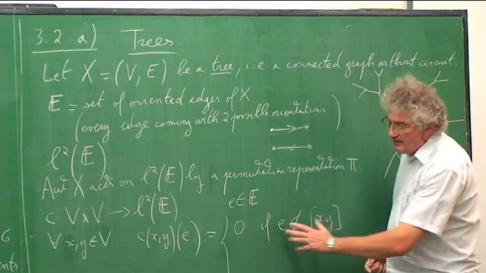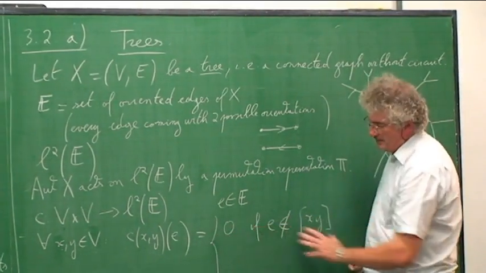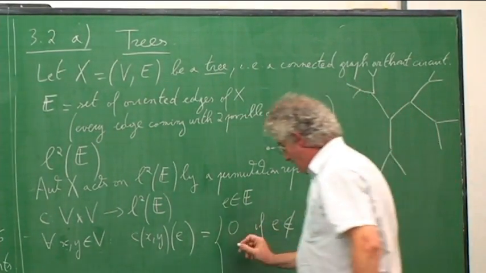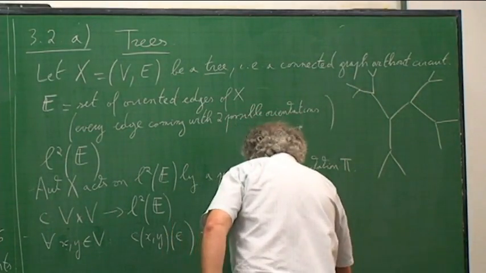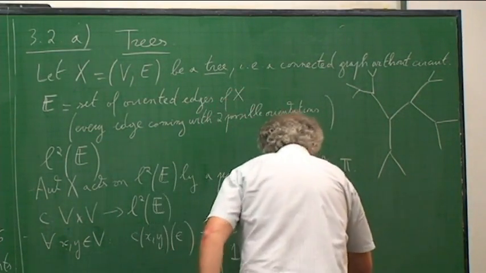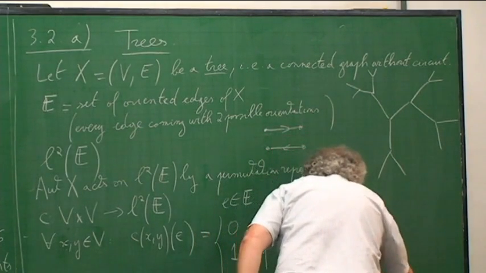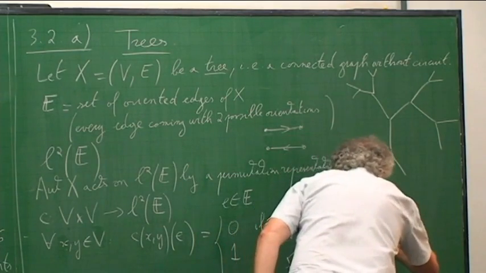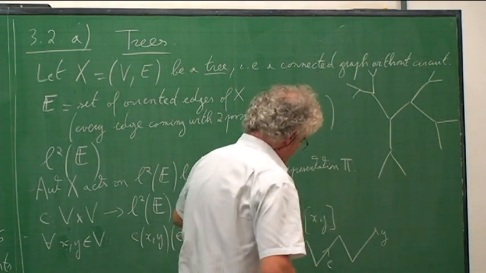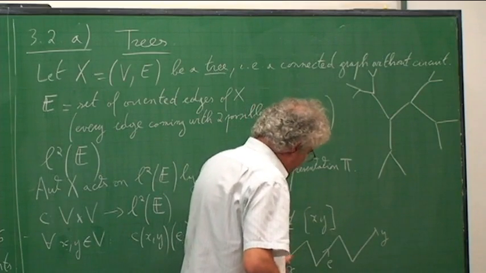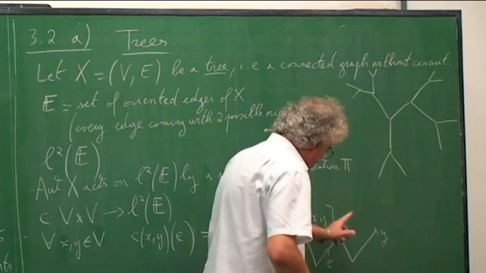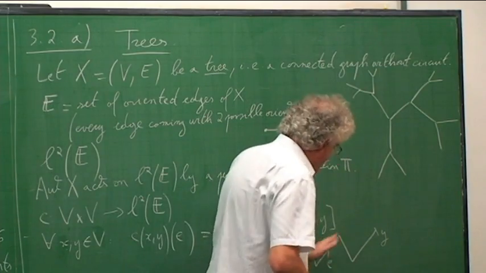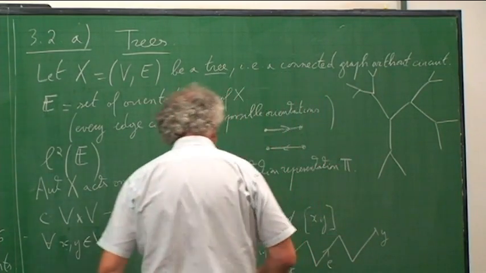Okay, and this immediately guarantees that my function will have finite support. But now I put the value 1 if E is coherent. I mean, when you move from x to y, the edge E is oriented in a coherent way.